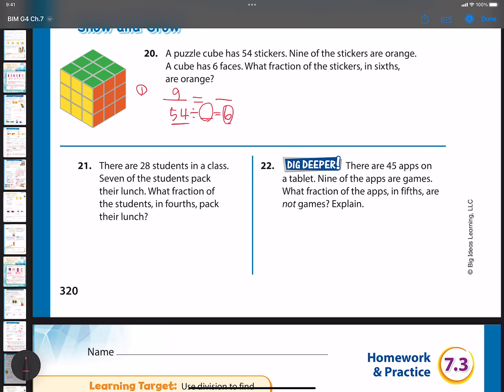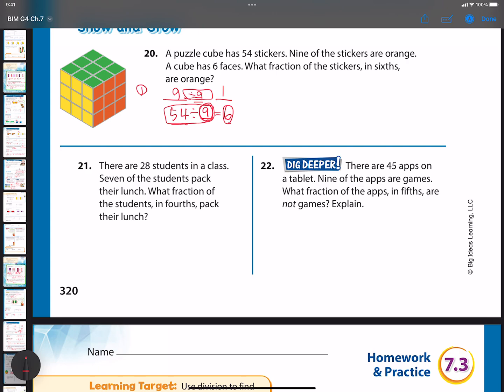We know divisor times quotient is what? Dividend. Okay, so 6 times what? Yes, 9 is going to make 54. So this 54 is divided by 9. Anything you do to this denominator, you have to do to the numerator. Which means what? 9 divided by 9 is what? 1.